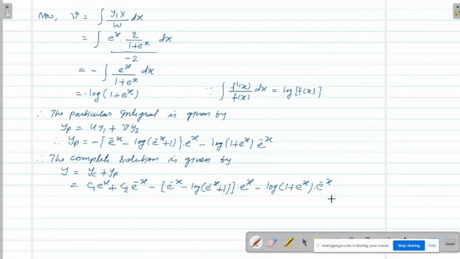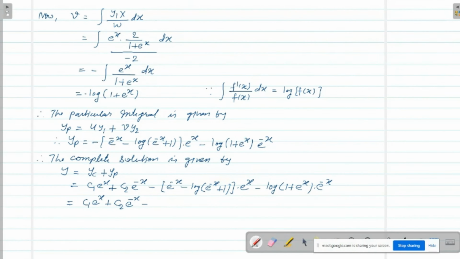Or you can simplify this by multiplying. So just simplify one more step. This is c1 e raised to x plus c2 e raised to minus x, minus, multiplying e raised to x and the minus inside. So e raised to minus x into e raised to x becomes e raised to 0, and e raised to 0 is 1.